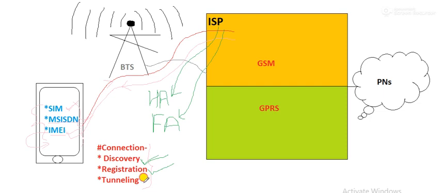And next we already saw how tunneling happens, that is when the secure connection is established between the internet service provider and the mobile user. For understanding purposes, this mobile device is considered the mobile station. When the secure connection is established between the mobile station and the internet service provider, the rest of the data will be exchanged through tunneling.